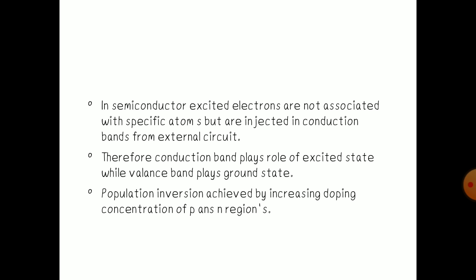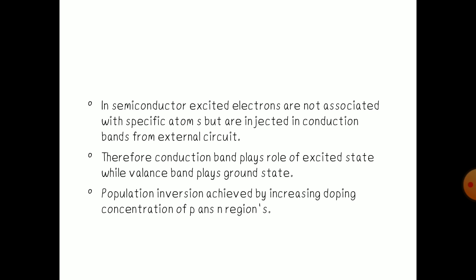So population inversion is achieved by increasing the doping concentration of the p and n regions. That is why I have discussed how to increase the concentration. This is the way by which we increase the concentration of electrons and holes in the semiconductor laser.